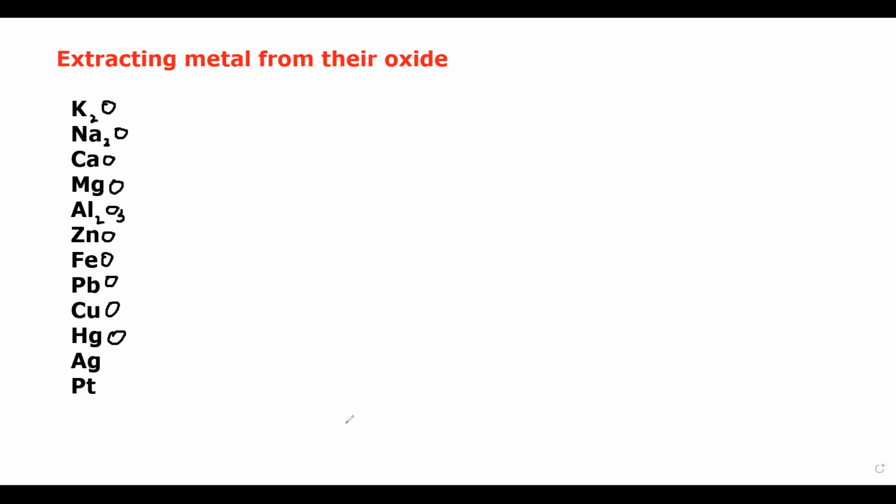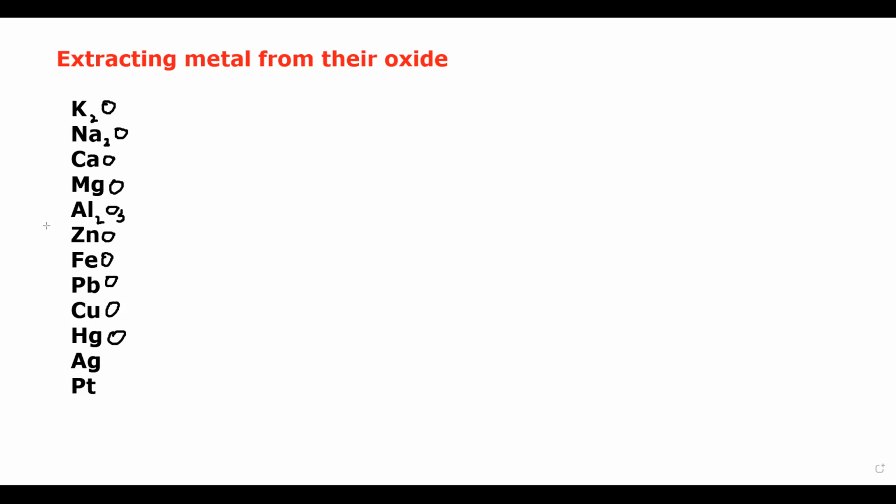So if you want to take out the metal from their oxides, which technique can we use for highly reactive metals such as sodium, potassium, magnesium? For highly reactive metals, we use electrolysis of the molten compound.